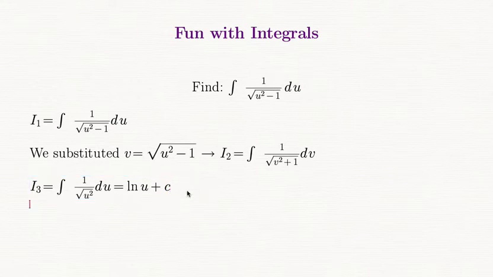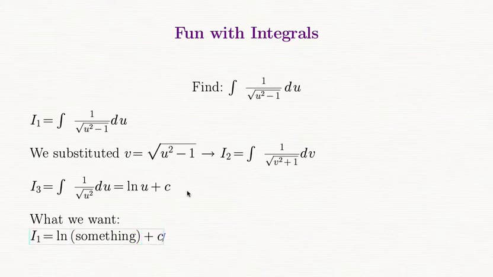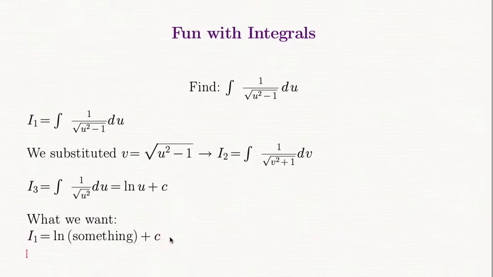So what we ideally want is to show that I1 is equal to ln of something plus the arbitrary constant c. Of course, the main question is, what is this something? What we want to do is figure out how to do a substitution so that the answer sort of pops out.